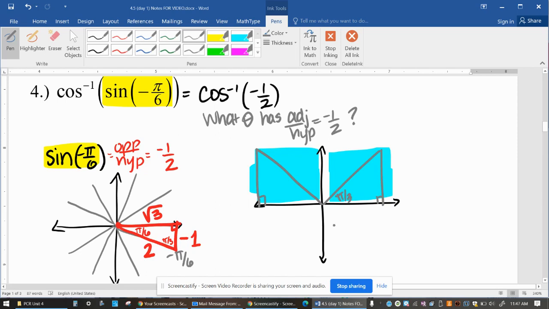So our reference angle here is going to be pi over 3. Okay. That would give me, that's 60, so opposite from 60 is root 3. Adjacent would be 1. Hypotenuse is 2. And then you'd have the same values over here, just with a negative 1.